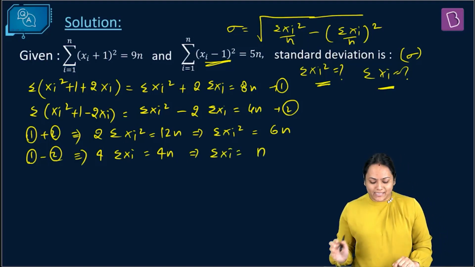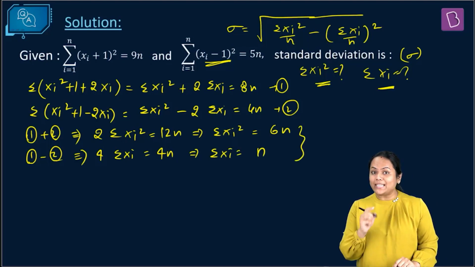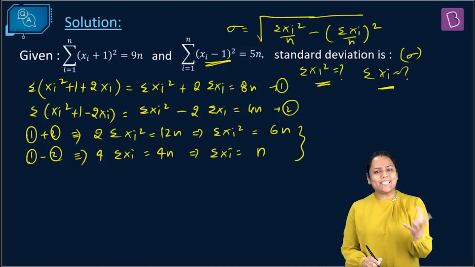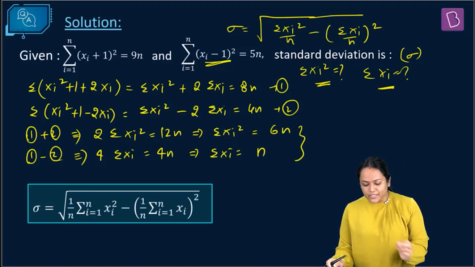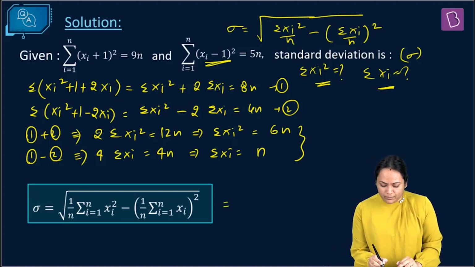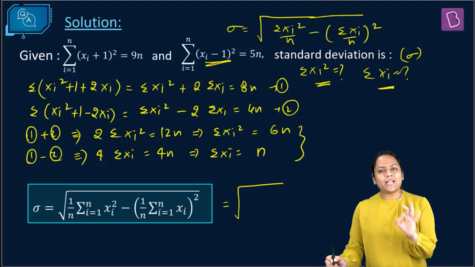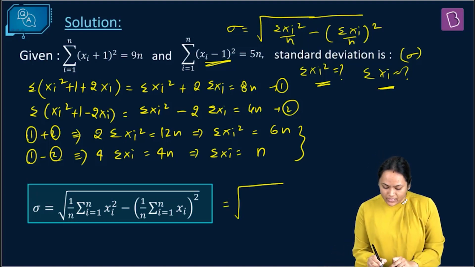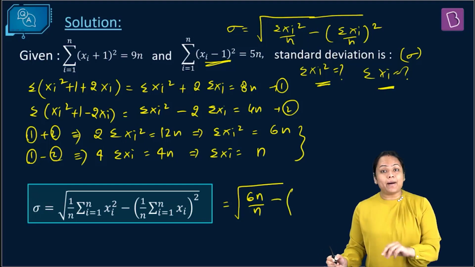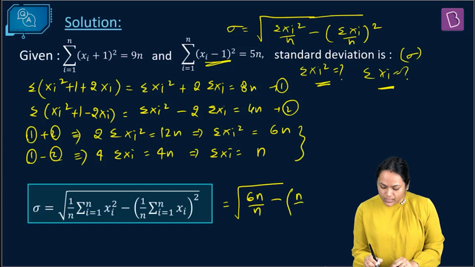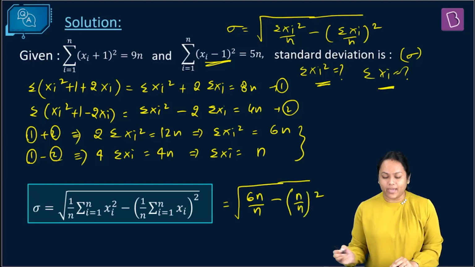And now I can substitute these two values in the variance formula, or let's say the standard deviation formula, which is this. So when I substitute the values, it's going to become root over the first term, that is summation of xi square is 6n divided by n, minus summation of xi by n whole square, which is going to become n by n whole square.